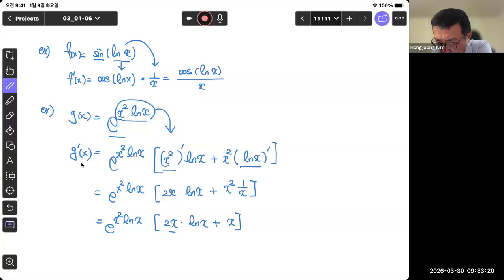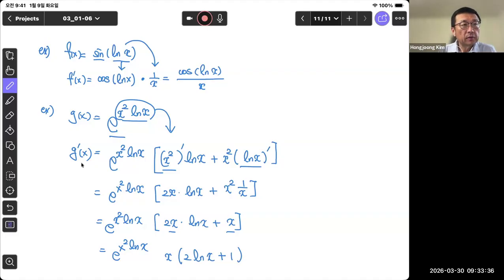Now x is common, so you can rewrite this as x times (2 ln x plus 1). So that will be the derivative of the g of x function.